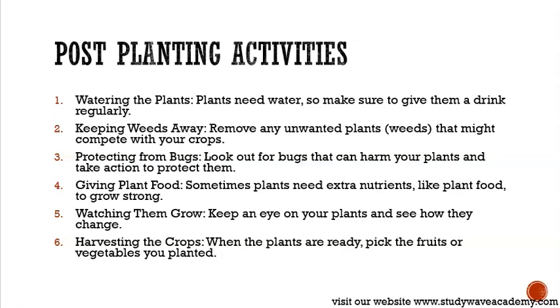Giving plants food. Sometimes plants need extra nutrients, like plant food, to grow strong. So you give them extra nutrients, plant food. Fertilization. You provide the necessary nutrients for plants. Watching them grow. Keep an eye on your plants and see how they change.